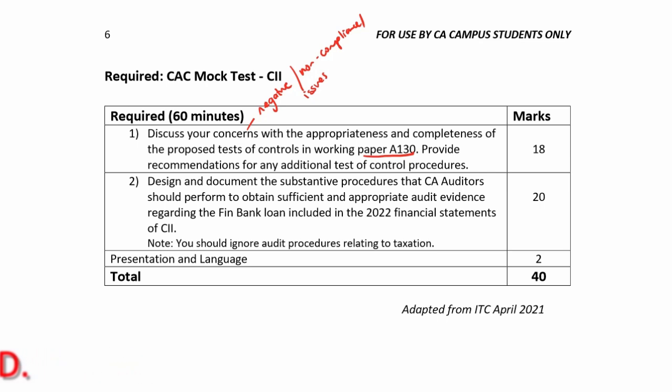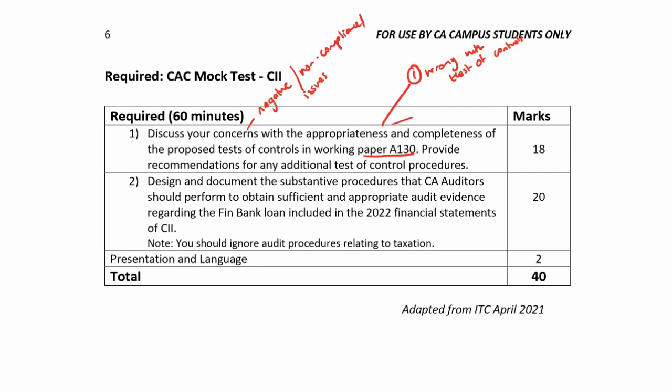Okay, so 2 things we need to do here. The first thing, go into the tests of controls that they have given and find the issues with the tests of controls. So identify what is wrong with the test of controls that they have put together.